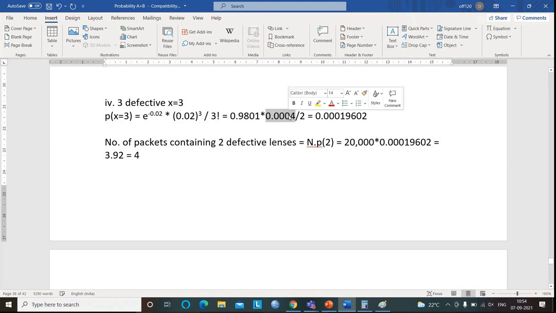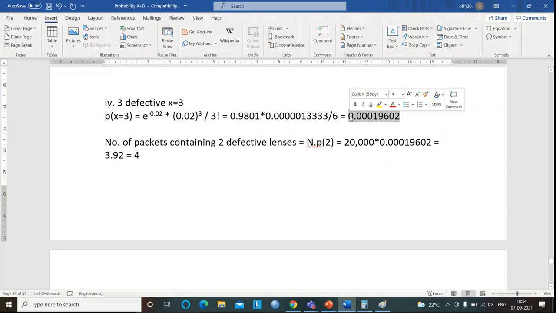The numerator value will become 0.50 and something, and 3 factorial means 3 into 2 into 1, which is 6. Then we get the answer as 0.130679. That means the probability of getting 3 defective lenses is this value.